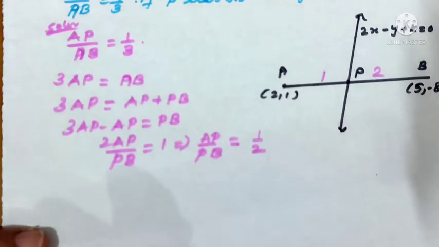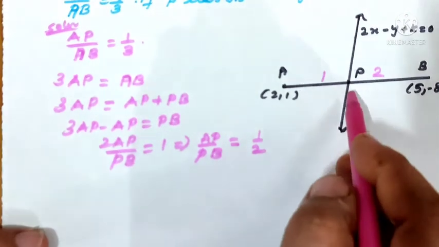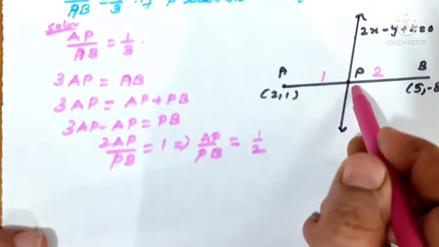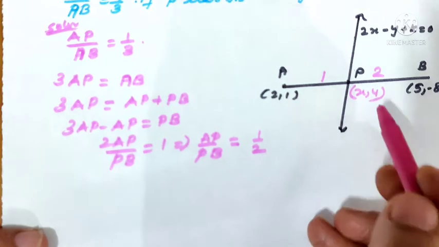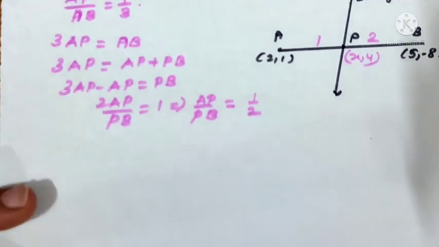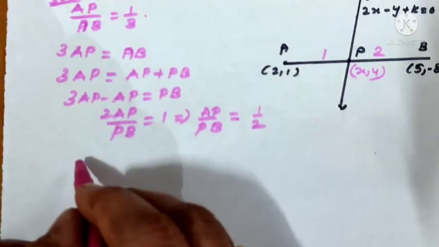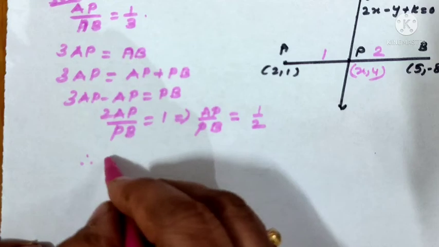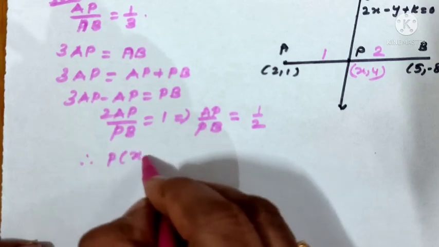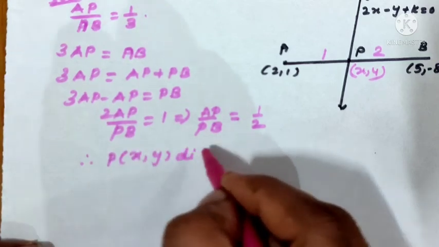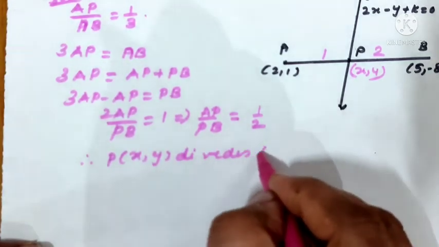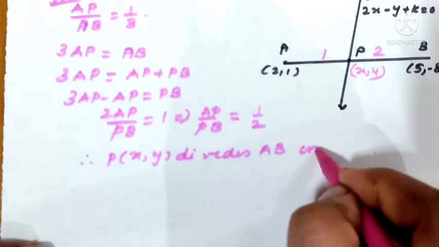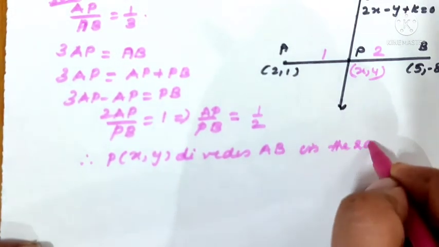Now we got the ratio, we can calculate the coordinates of P. We take P as (x, y). P divides AB in the ratio 1:2.